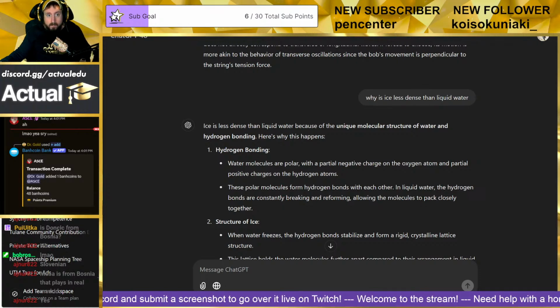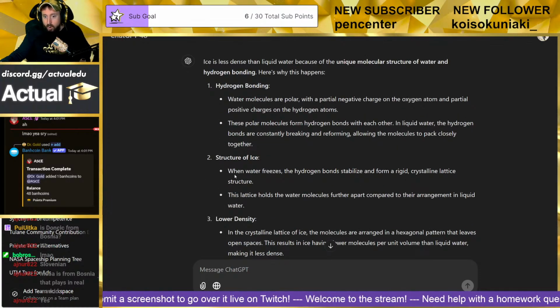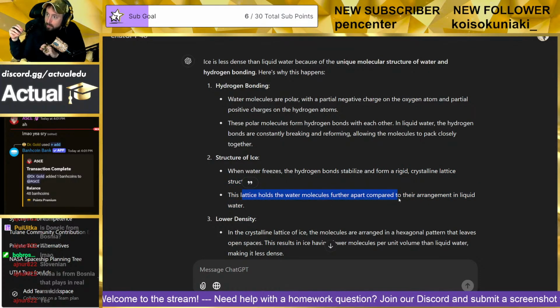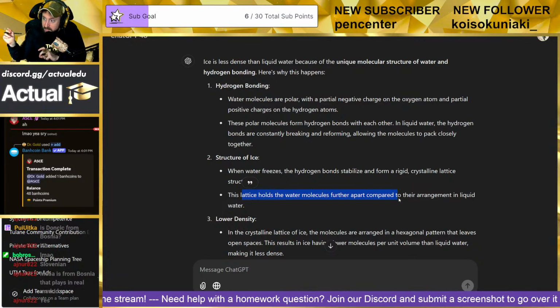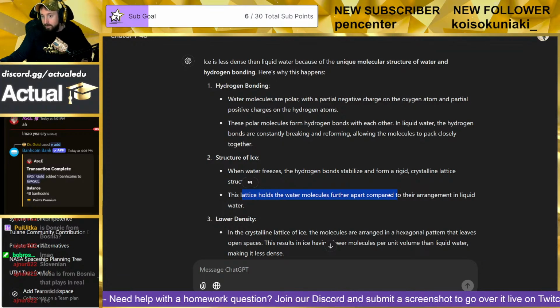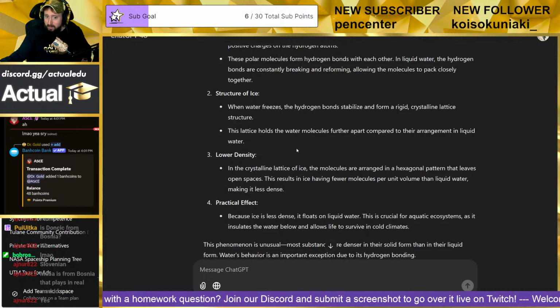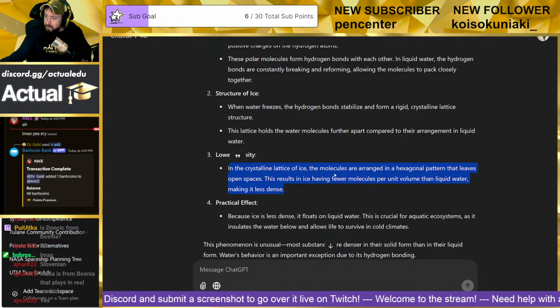But then let's see what it says about solid. Okay, so when water freezes, the hydrogen bonds stabilize and they form a rigid crystalline lattice structure. And this lattice structure will hold them apart further than they normally would be in liquid form. So this is a very unique thing, actually. This is very cool, which makes them less dense.